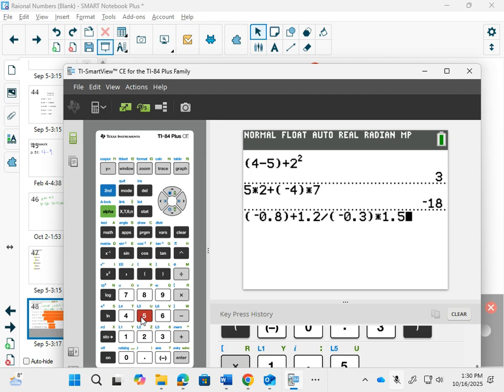And if I can type in everything exactly as I see it, and you'll often notice on calculators the divide sign is like a fraction sign.